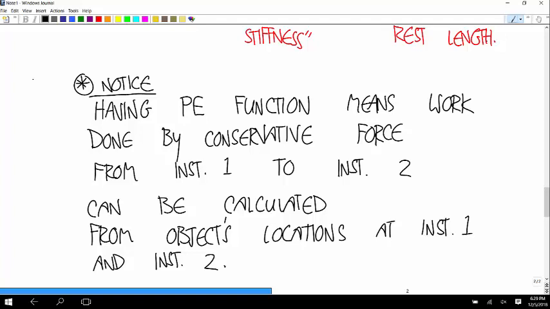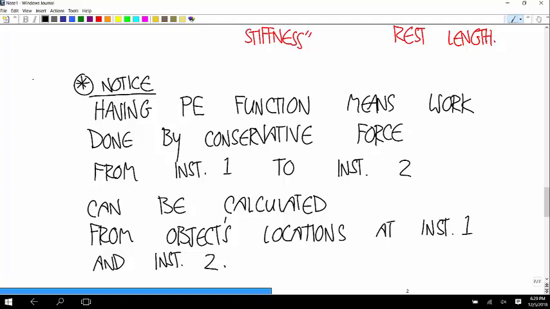So for conservative forces, that's weight force and spring force, if you want to figure out how much work spring or weight has done as this object, over half an hour, does all these things, all you have to know is the object's location at the start of the half hour and its location at the end of the half hour, and you can use these functions to calculate it, okay?